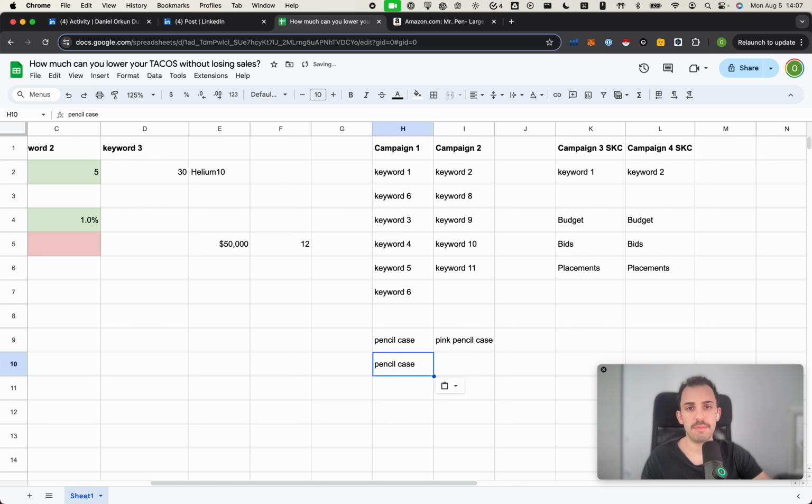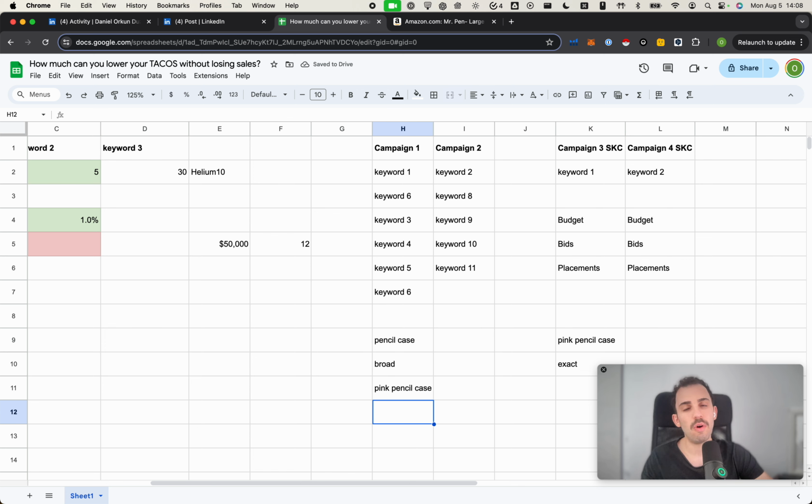And let's say that my pencil case is in broad match. The problem here is, when you move this one to an exact match, the broad match might still be able to populate pink pencil case, just because, again, it's a broad match. Broad match works like this, and if it's a phrase match, it's going to happen the same. So you will see that pink pencil case is showing up here.